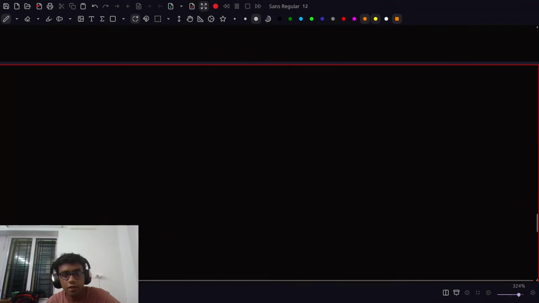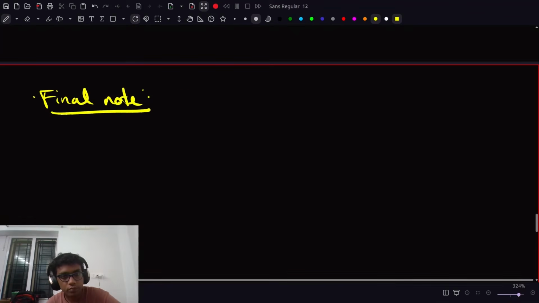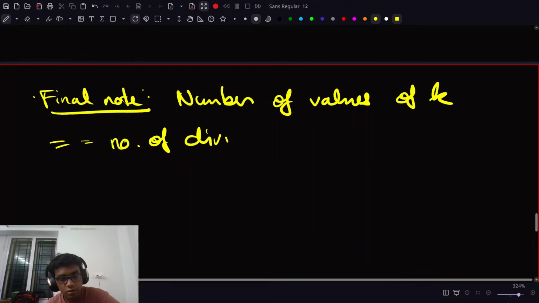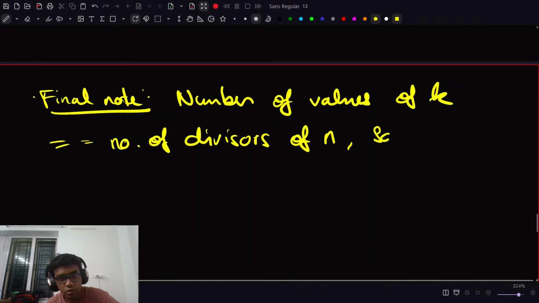Now the final note, number of values of k is equal to the number of divisors of n. So it will be small, right? We know that number of divisors cannot be very large, so it will be small.